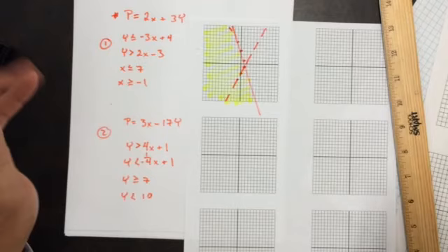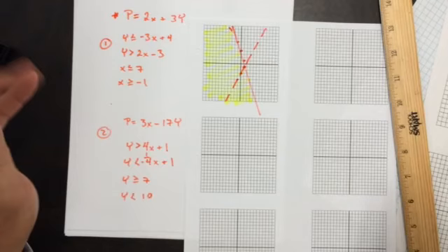So we're going to do P equals 3 times -12 minus 17 times 10. -36 minus 170, -206.